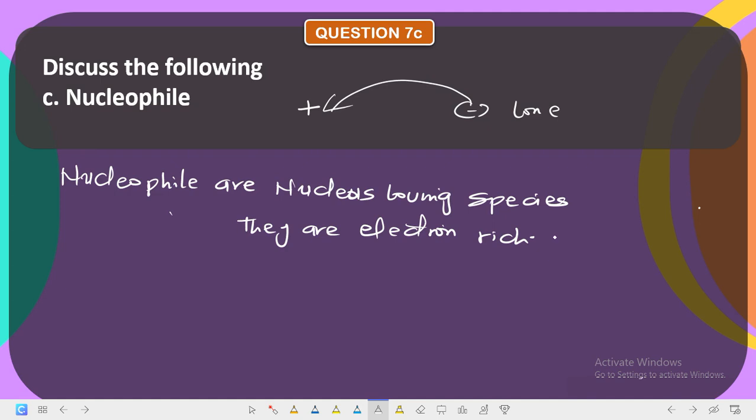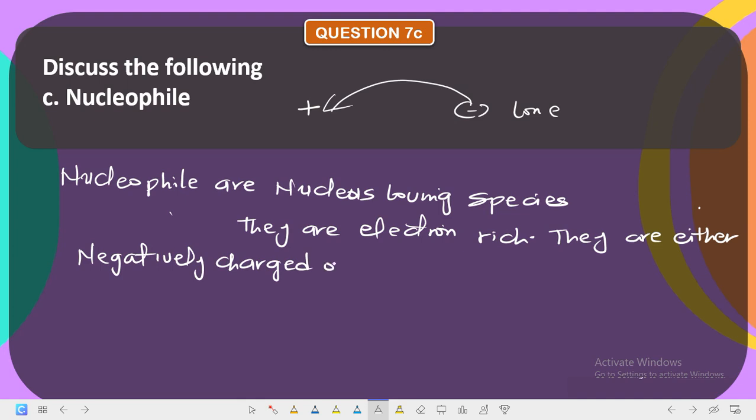And another thing again is that they are either negatively charged, not positive, or neutral. They have lone pairs of electrons. They are either negatively charged or have lone pairs of electrons.